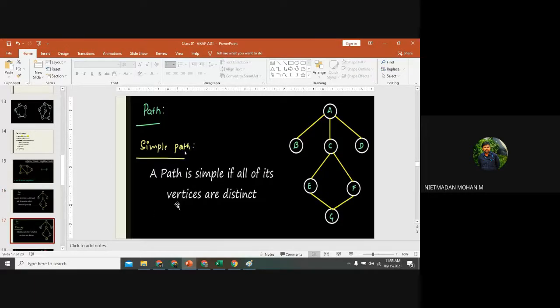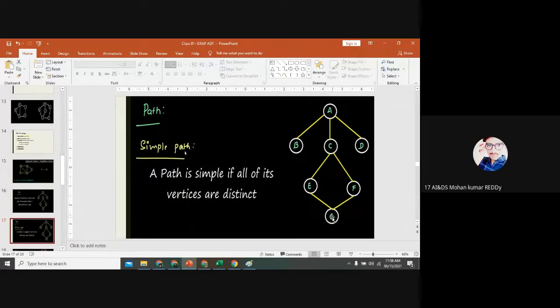Now coming to the simple path. A path is simple if all of its vertices are distinct. So now I am going with a simple path. Suppose I want to travel from C to G. What is my pathway?